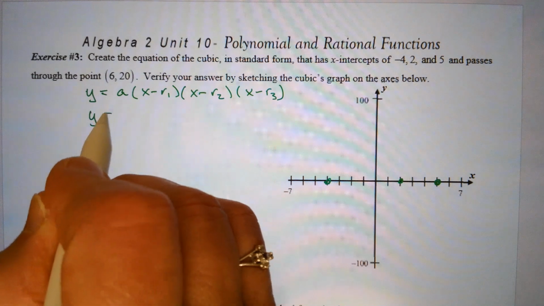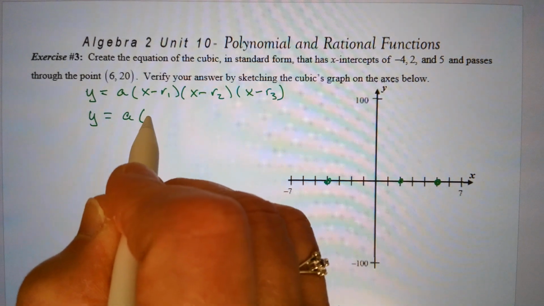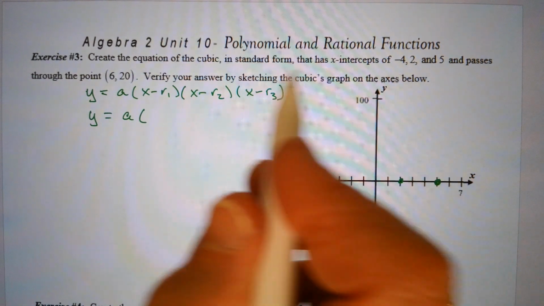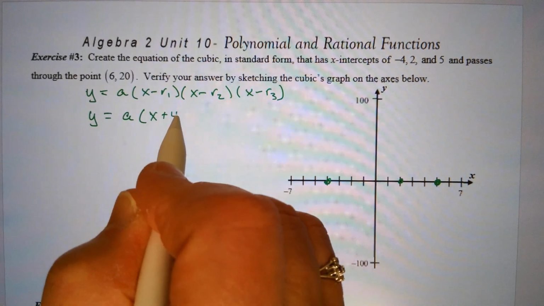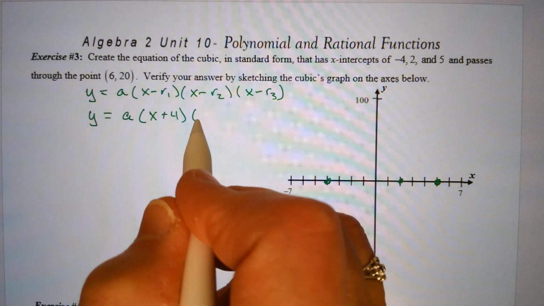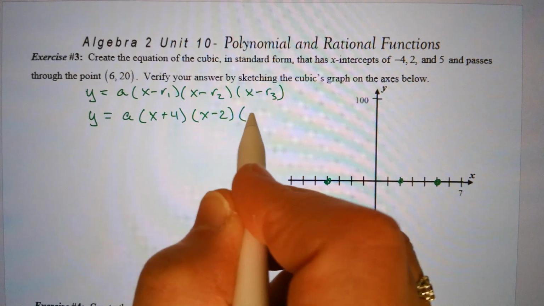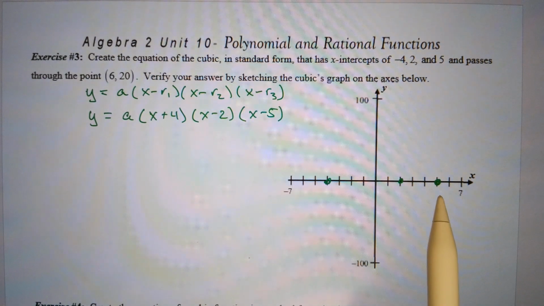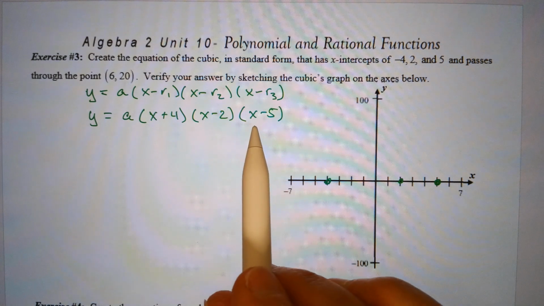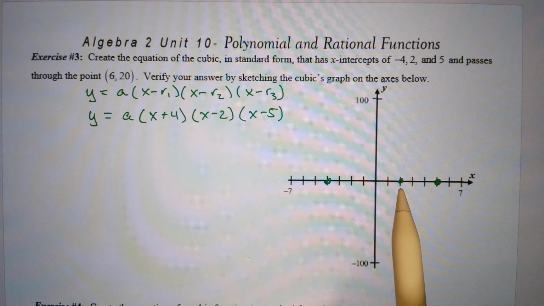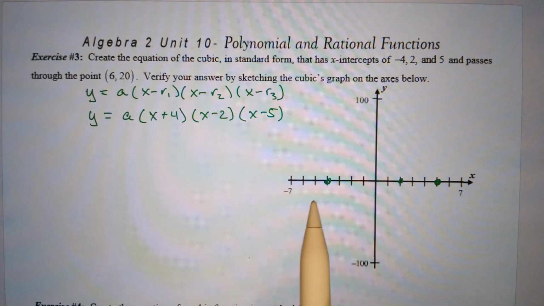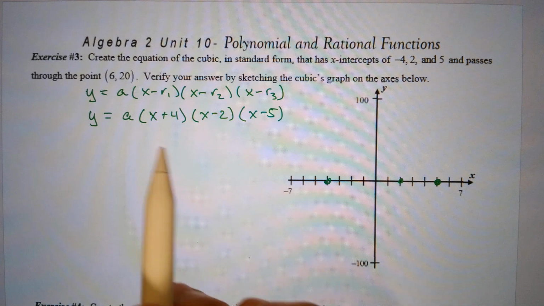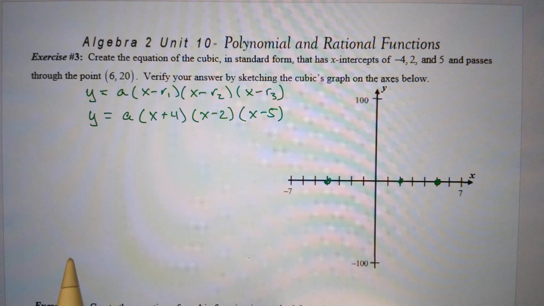In other words, y equals a times x minus -4, which is going to be x plus 4, times x minus 2 times x minus 5. Again, as we said before, if 5 is a zero or a root, then x minus 5 is a factor. If 2 is a root, x minus 2 is a factor, and if -4 is a root, x plus 4 is a factor.